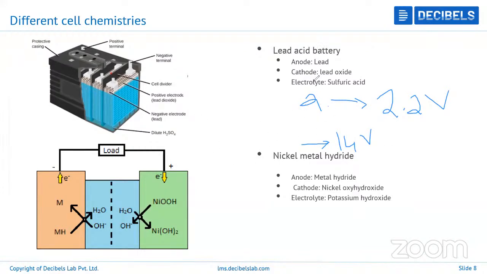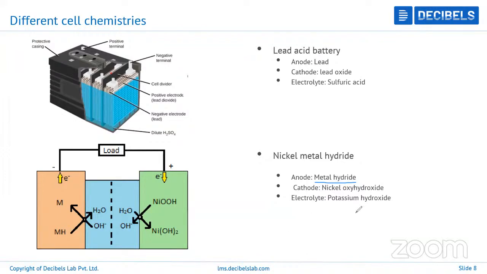And for nickel metal hydride, along the same principles, you would have an anode made out of a metal hydride. The metal is chosen depending upon what kind of reactions or properties are wanted, based on the manufacturer requirement.